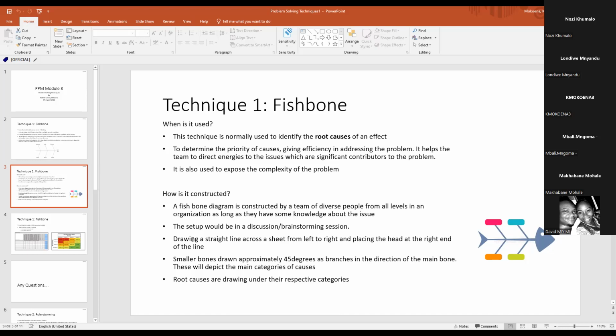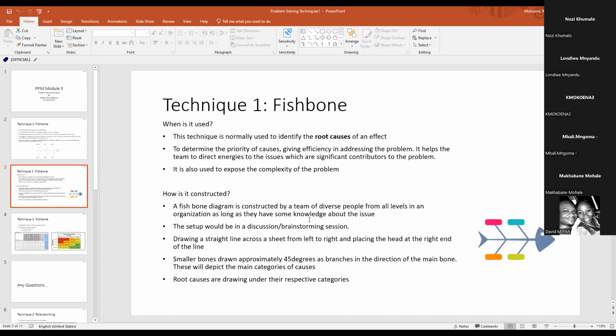So how you construct it, it has to be done by a team and it has to be diverse so that you get different perspectives of the problem. Also from all levels in an organization, so that you get as much information as possible.